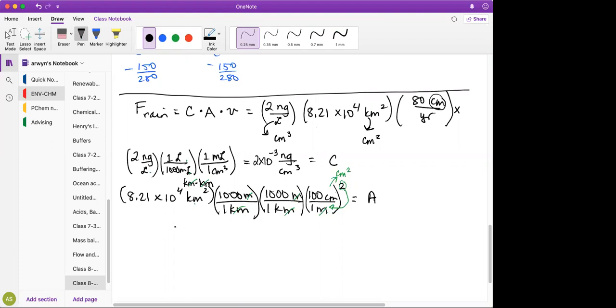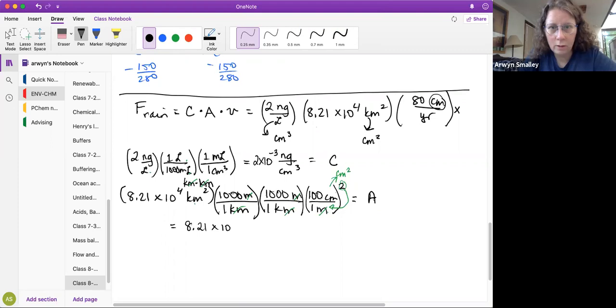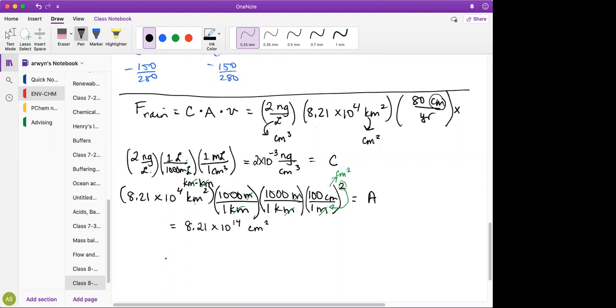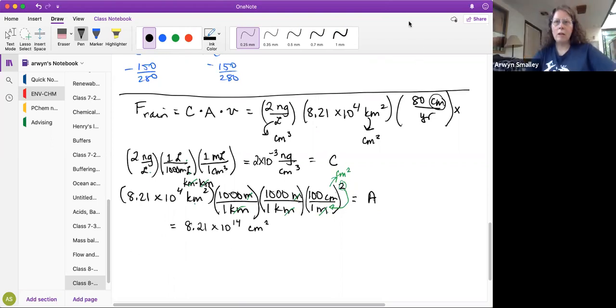And then this one would be, oh, geez, 4, 7, 10, 12, 14. Yeah, okay. And then that last one was 80 centimeters per year, and we're not going to do anything to it. So we're just going to leave that one alone.